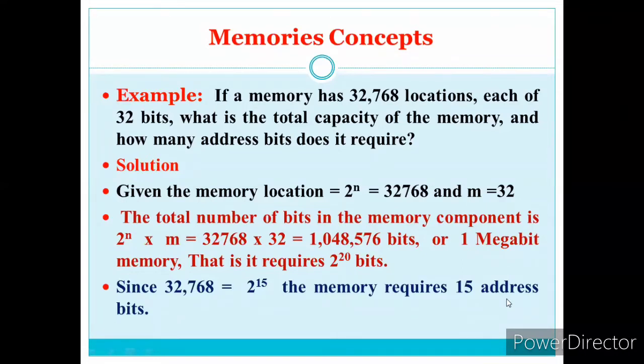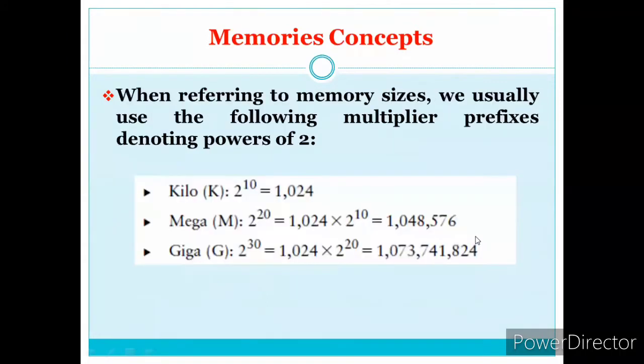Now we have seen the different configurations and what sizes they may represent. When referring to memory size, we usually use the following multiplier prefixes denoting powers of 2: kilo, mega, giga.